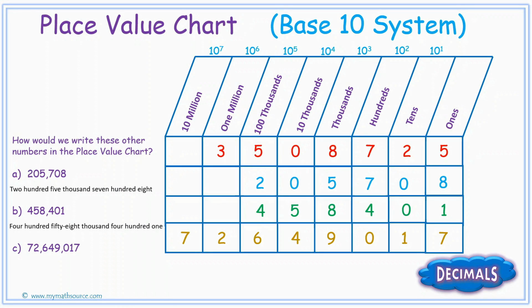So those last two digits we say 17. So altogether, this number is 72,649,017.